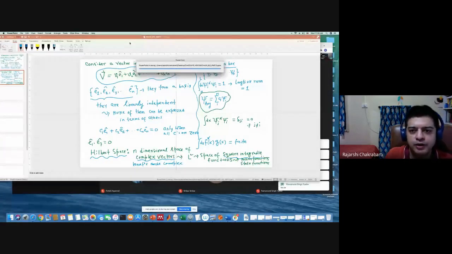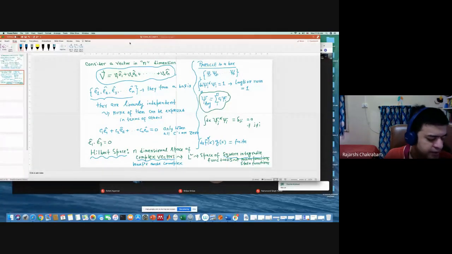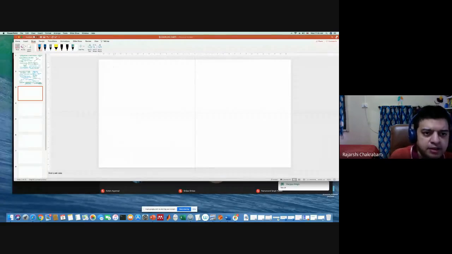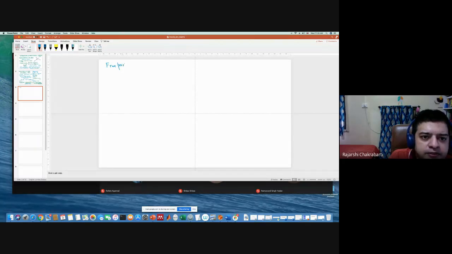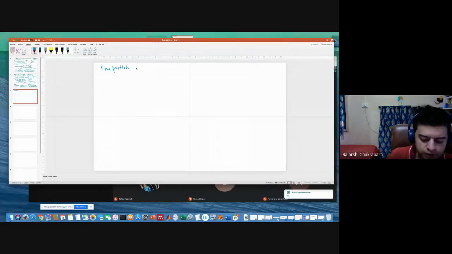So now we are going to change our notation a little bit, but before that, let me show you one thing. In quantum mechanics, there is something called free particle. How many of you know free particle in quantum mechanics? So what is free particle?